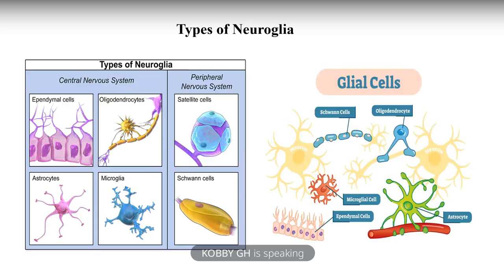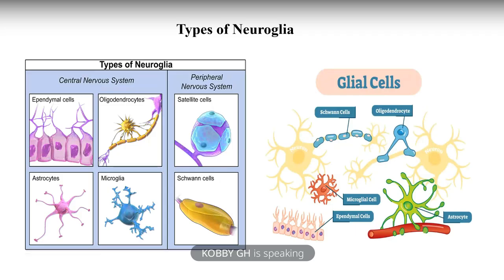So we have these four in the central nervous system: ependymal cells, the oligodendrocytes, the microglia, and then the astrocytes. Then in the peripheral nervous system, we have two. We have the satellite cells, and then we have the Schwann cells. Is that okay? Great. So take note.